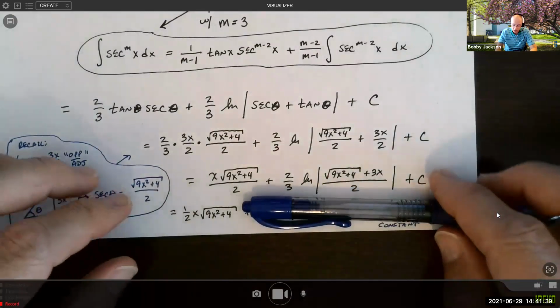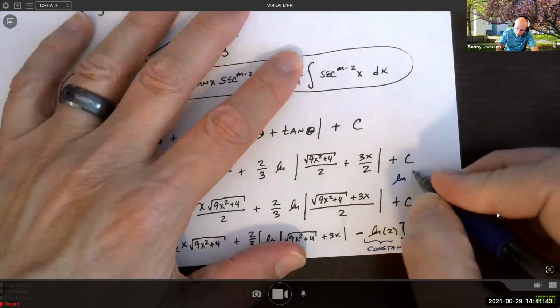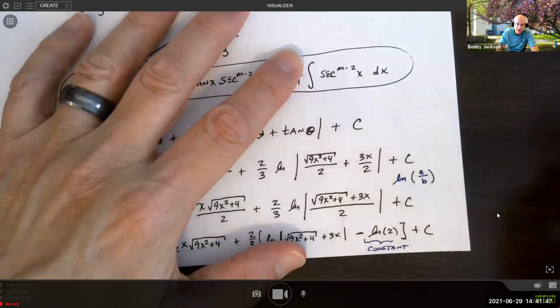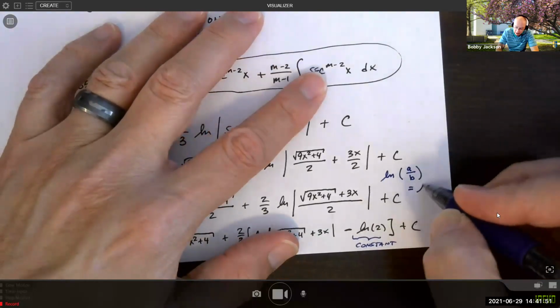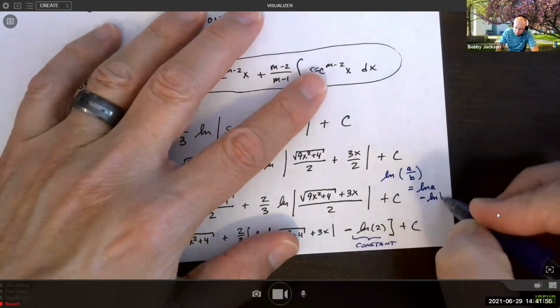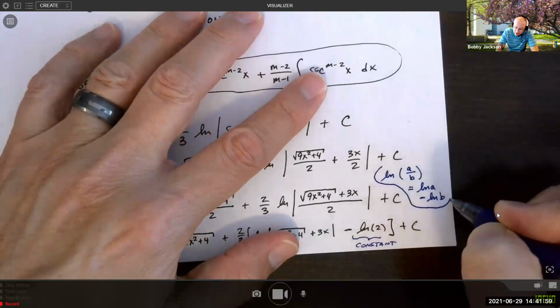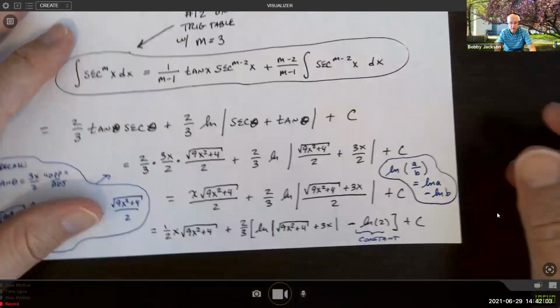Well, there's a property of logarithms that says the natural log of a quotient, if I take the natural log of a divided by b, is equal to the natural log of a minus the natural log of b. That's a property of logarithms. And that's the tricky thing with logarithmic expressions, especially when we're looking at antiderivatives.